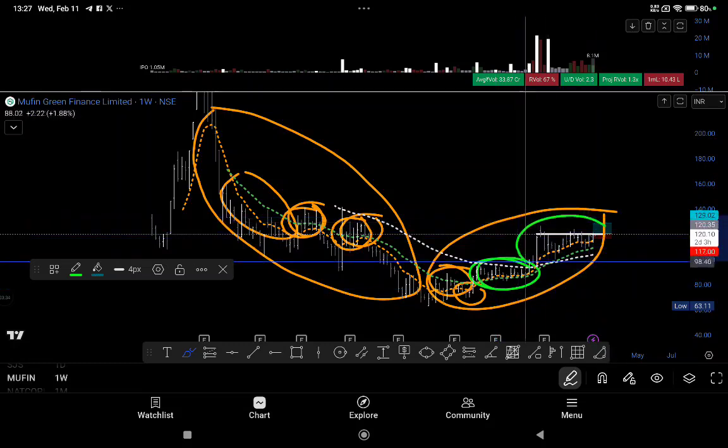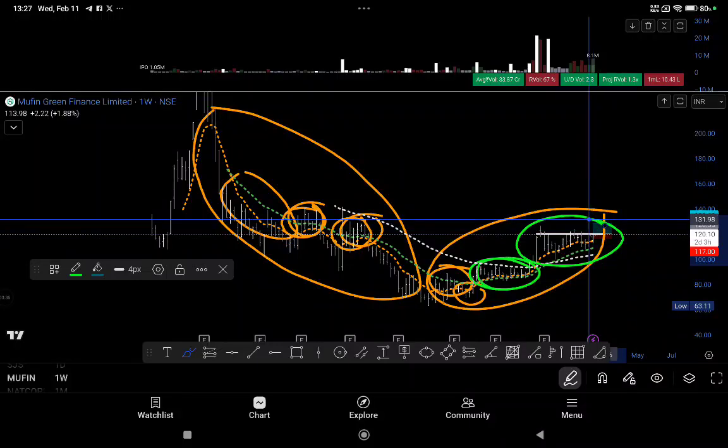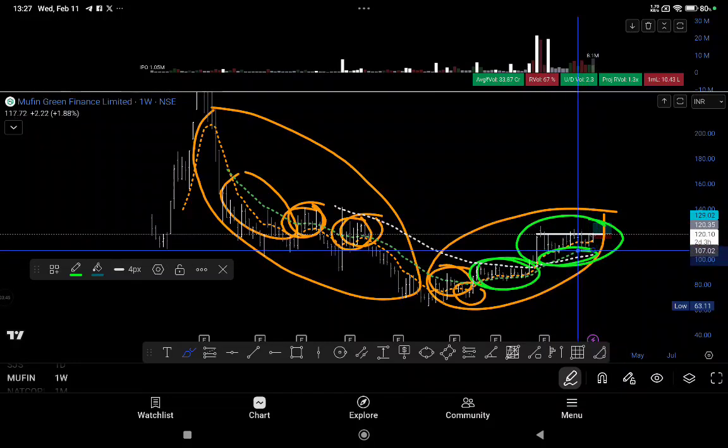Then in this green zone over here, the stock is again staying above the moving averages, and moreover it's getting tight. It's not even touching the 21 EMA, the green moving average which we have, and it's getting very tight. So weekly is giving you a confluence, telling you that yes, the structure of the chart has changed.